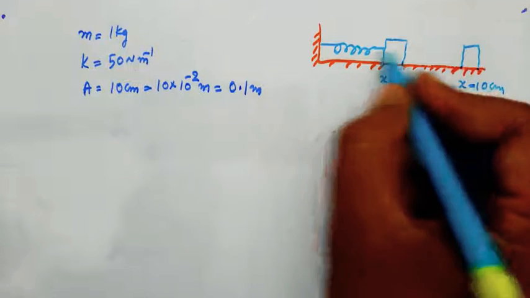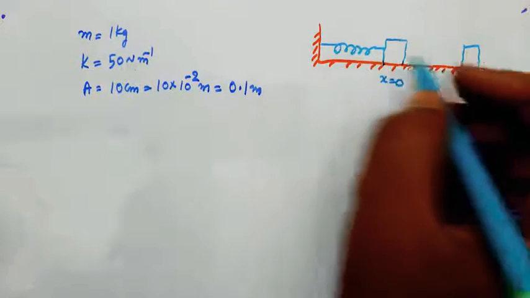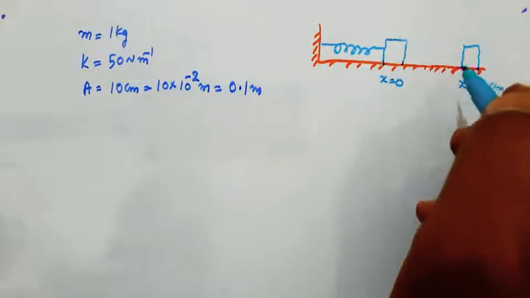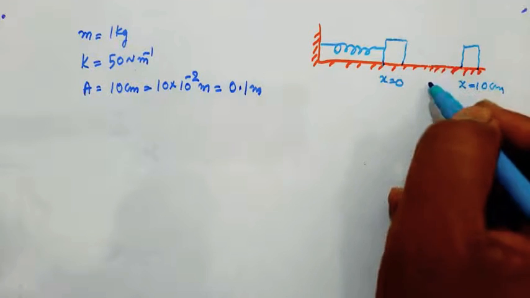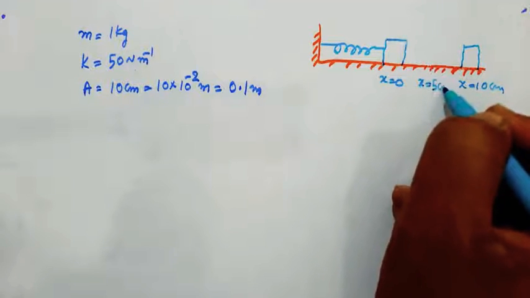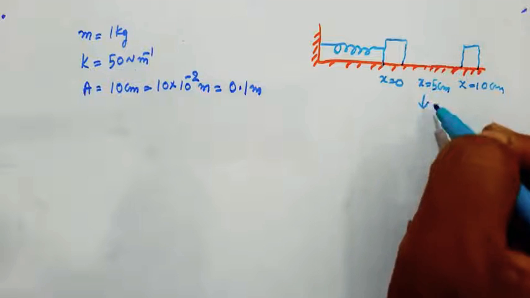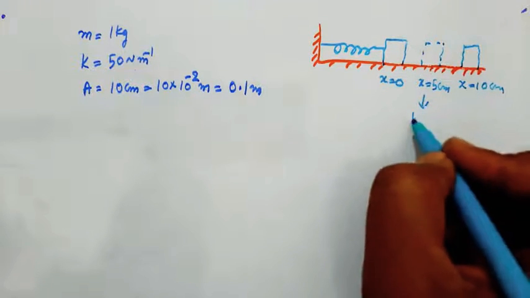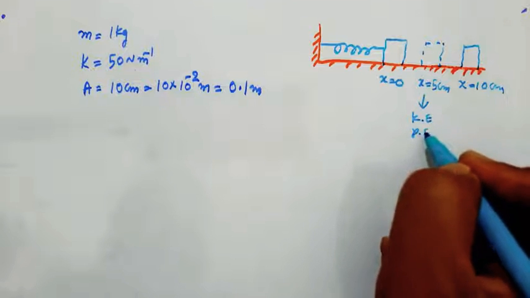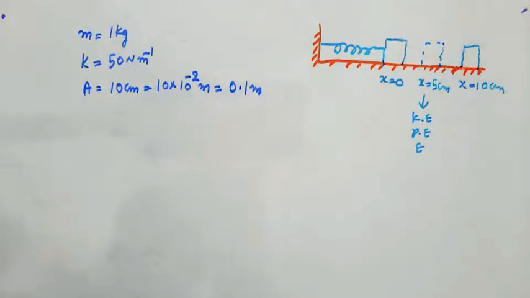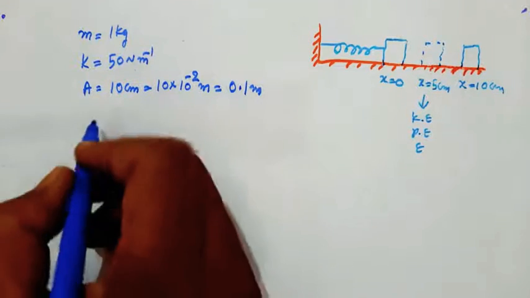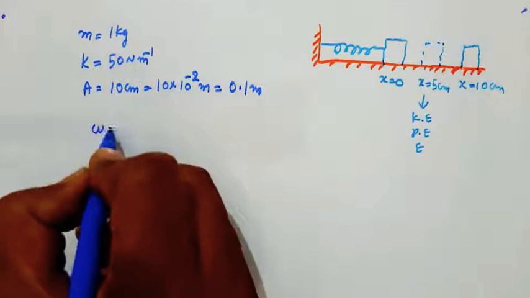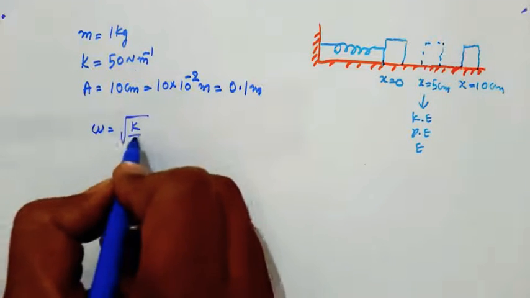The block is executing oscillations. We have to find, if the block is at x equal to 5 centimeter, the kinetic energy, potential energy and total energy. See here, angular frequency omega is equal to under root of k by m.